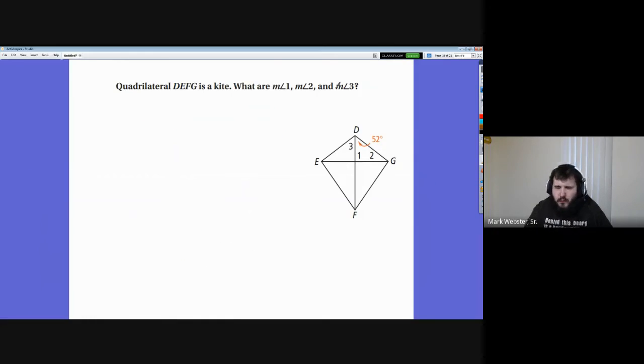So when we deal with something like this, any angle on the right side or the left side transfers over automatically. So first of all, 4 of these angles in the middle are 90 degrees. So automatically angle 1 is 90 degrees. You don't even have to think about it. It's just true. Secondly, anytime we see an angle on the right or an angle on the left, you can transfer it over to its corresponding place.